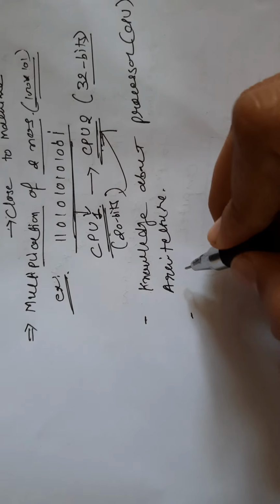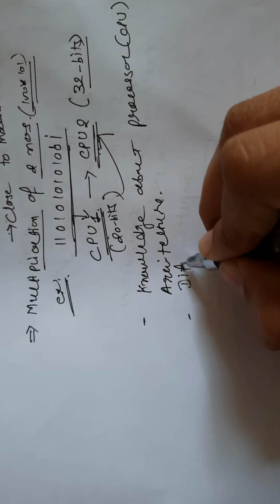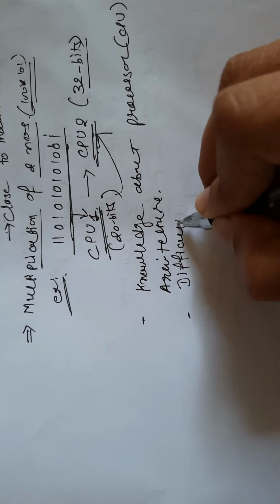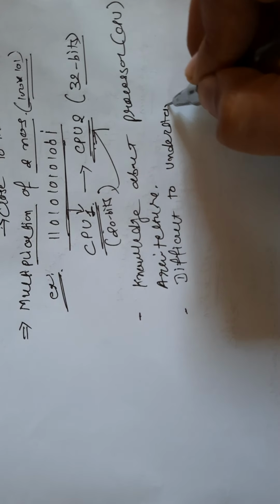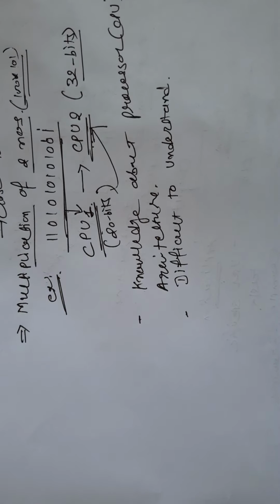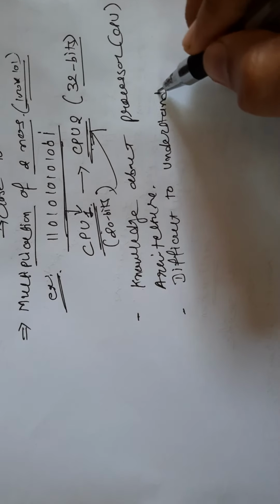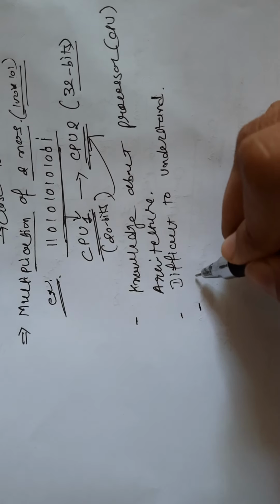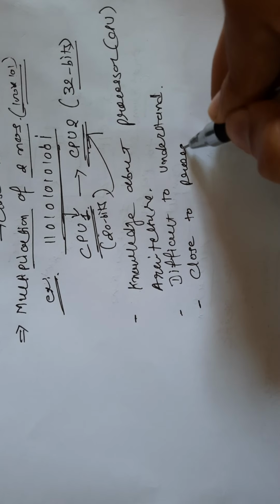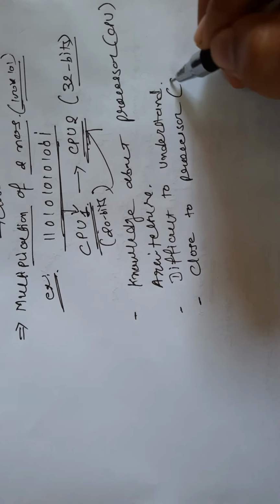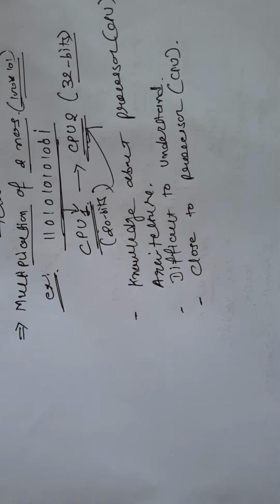That is why this language is very difficult for the user to understand. Why? Because it contains only zeros and ones, and that is why it is very close to processors, or we can say CPU.